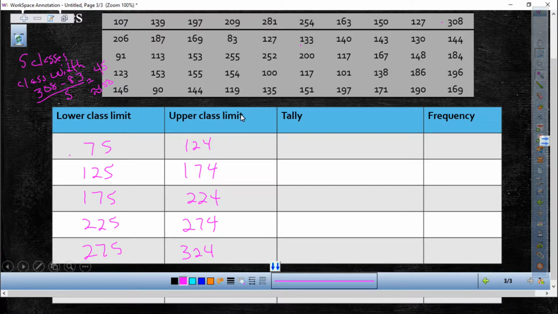So 107, that's right there. And then 206 is going to be right here.